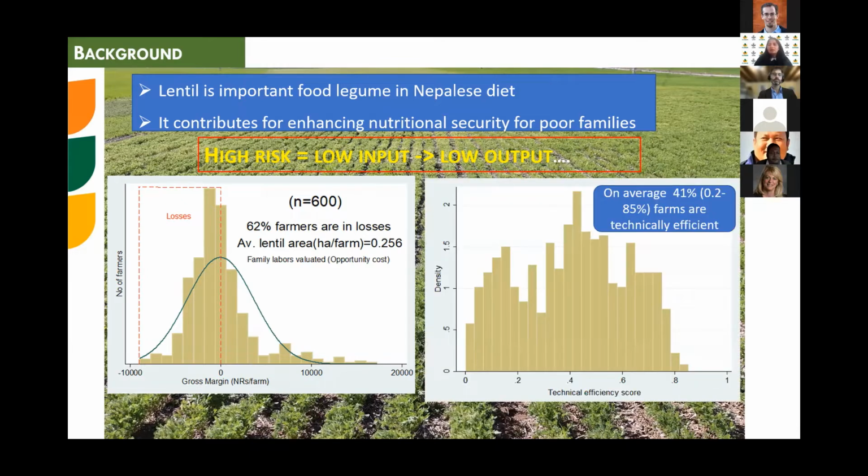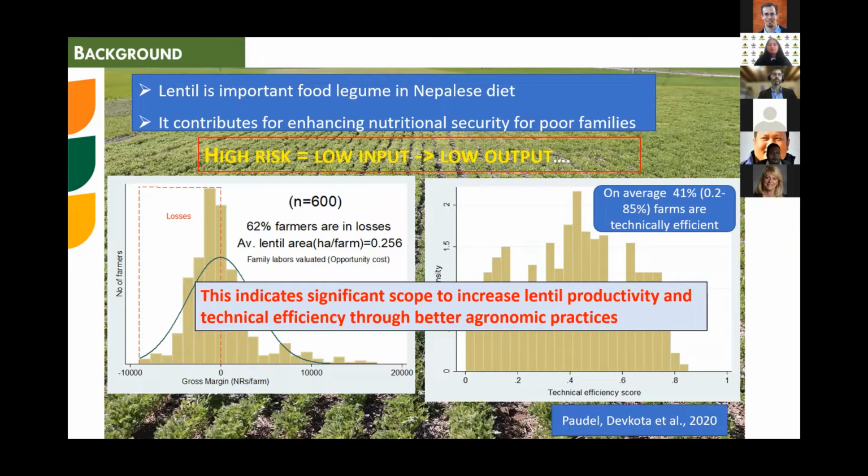And another one is from the same data set from across these Western Tarai districts, and there are about 41% of farms that are technically efficient. So you can see that this indicates there is a significant scope to increase lentil productivity and technical efficiency through better management practices, unless there is good favorable weather condition.